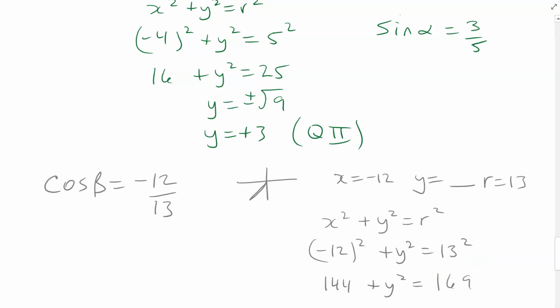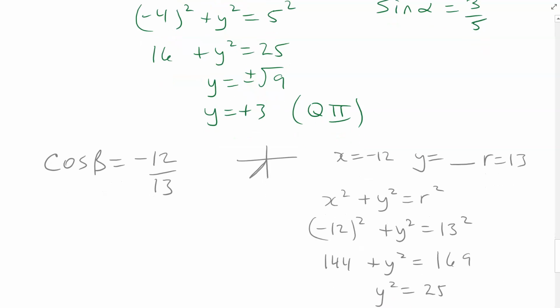When I subtract 144 from both sides, I get 25. So y is going to be equal to the square root of 25, plus or minus, and it's going to be minus because of which quadrant it's in. So I'm going to say y equals -5, quadrant 3. That's why I know it's minus.